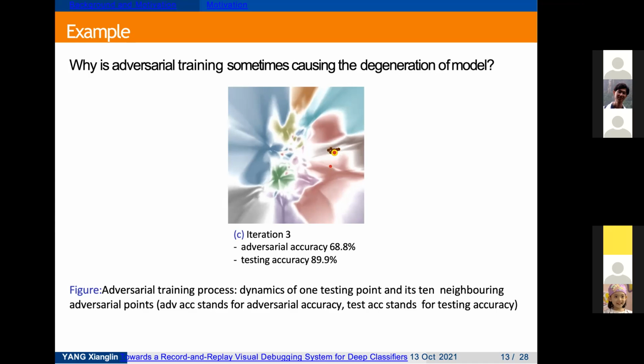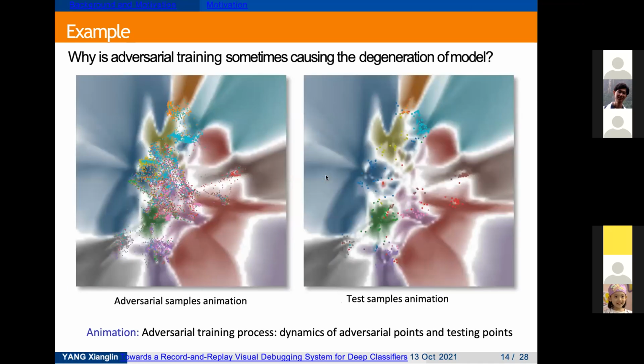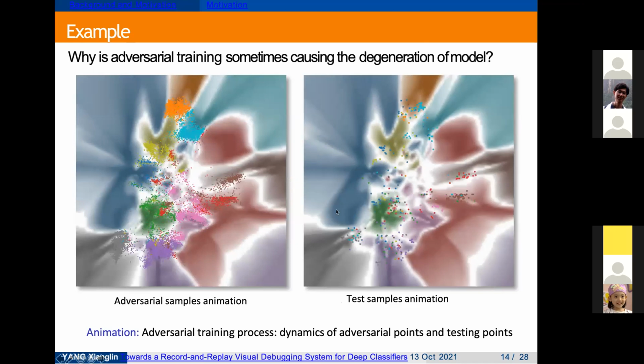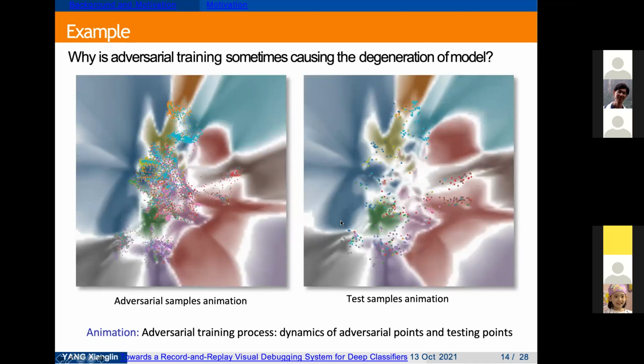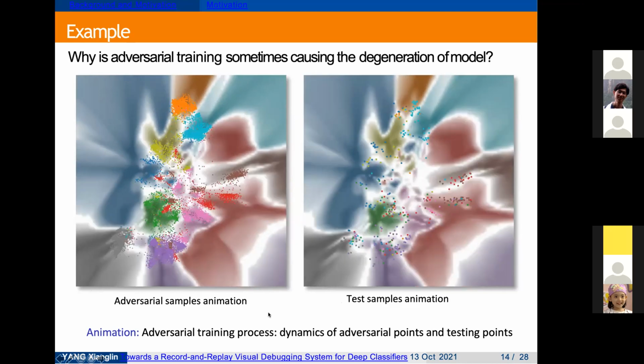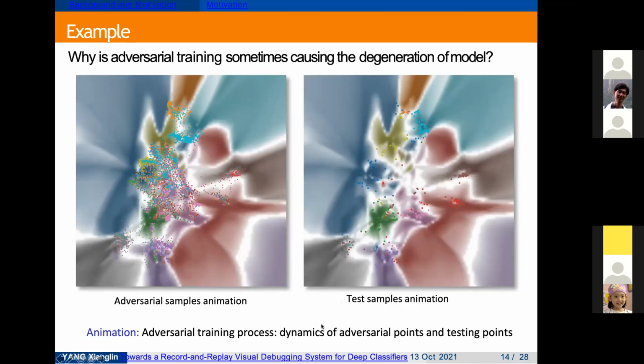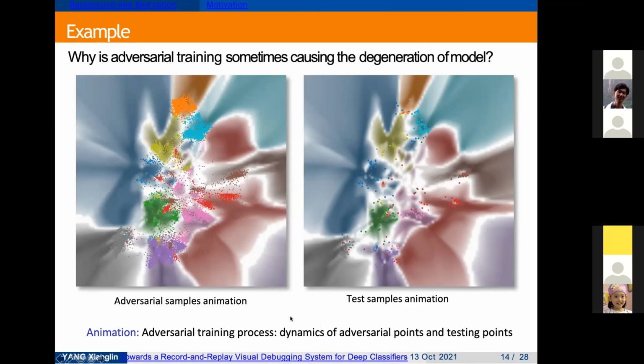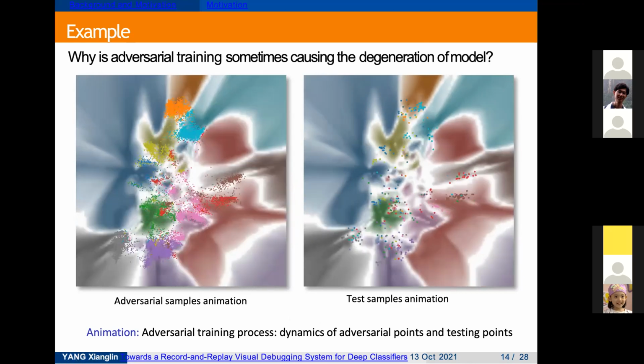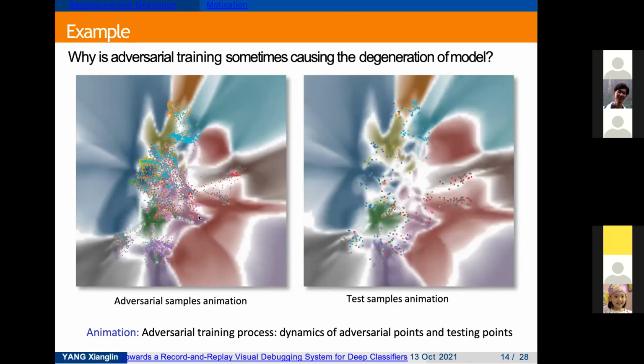That means some of our testing samples, which could probably look like some adversarial samples, are being pulled by their surrounding adversarial samples in the training process. And here we show the animation of the overall adversarial samples and test samples. On the left is the adversarial sample animation.